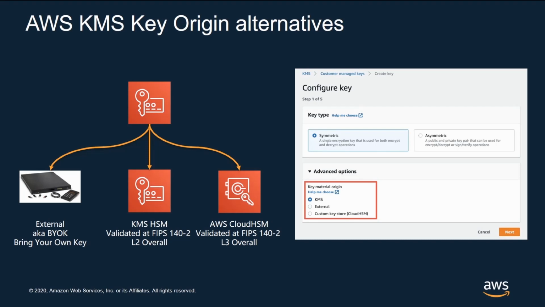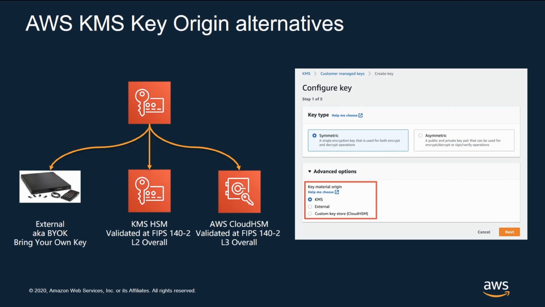CloudHSM is a cloud-based hardware security module that enables you to easily generate and use your own encryption keys on AWS. With CloudHSM, you can manage your own encryption keys using FIPS 140-2 Level 3 validated HSMs, and CloudHSM offers you the flexibility to integrate with your applications using industry standard APIs such as PKCS11, Java Cryptography Extensions or JCE, and Microsoft CryptoNG libraries.